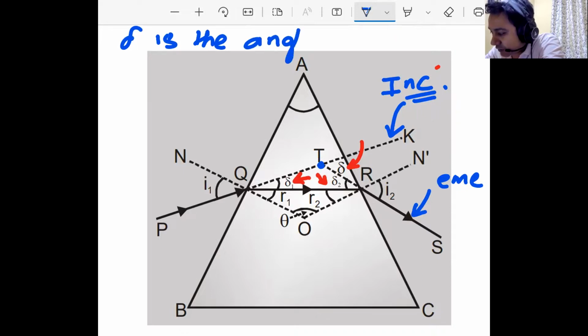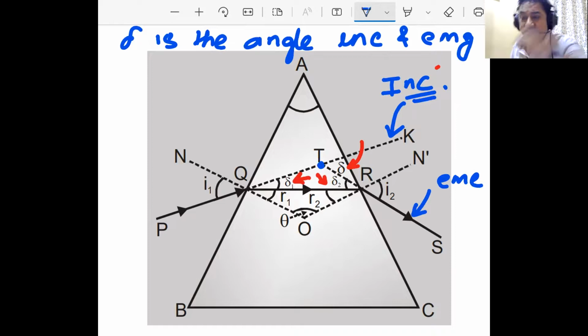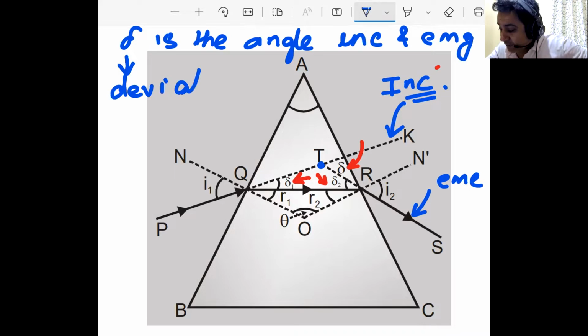Wow, that is beautiful. This delta is known as the angle of deviation of the prism, because this prism has two surfaces and refraction takes place at two surfaces.